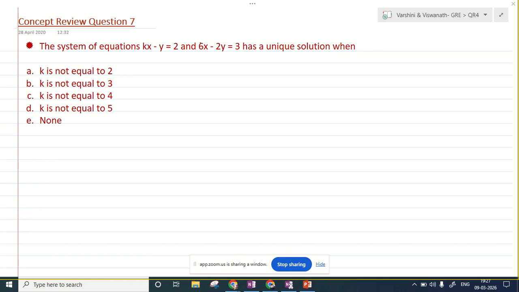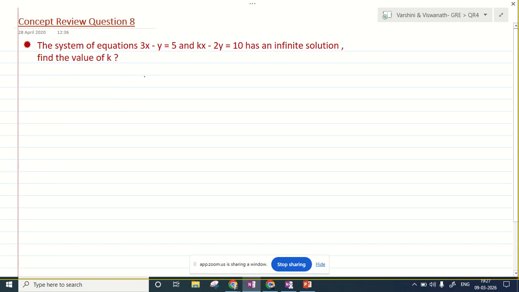Yeah. Did you solve it? K is not equal to, super. Very good. This one. The first solution.